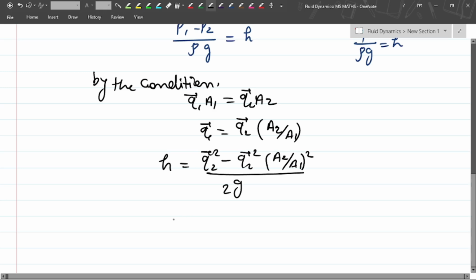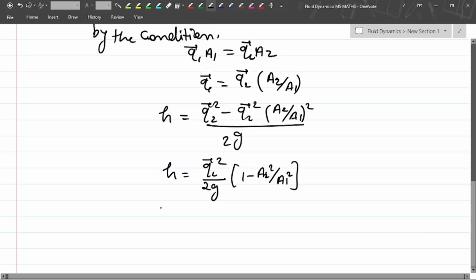Now h is q2 vector square upon 2g into 1 minus a2 square upon a1 square. If we free the q2 vector, it will be 2gh into a1 square upon a1 square minus a2 square. This is the velocity.